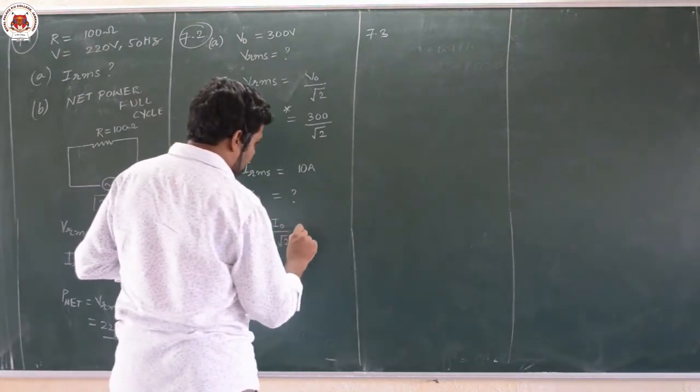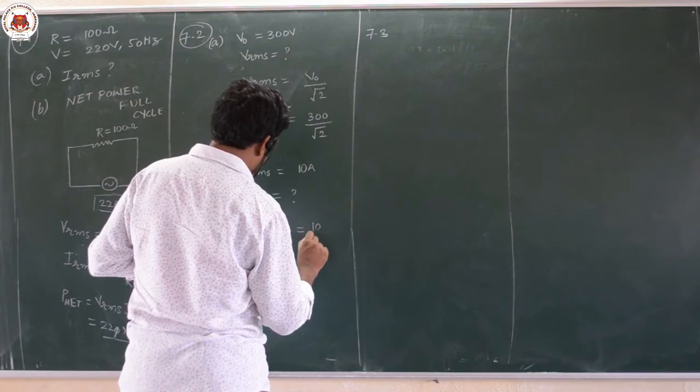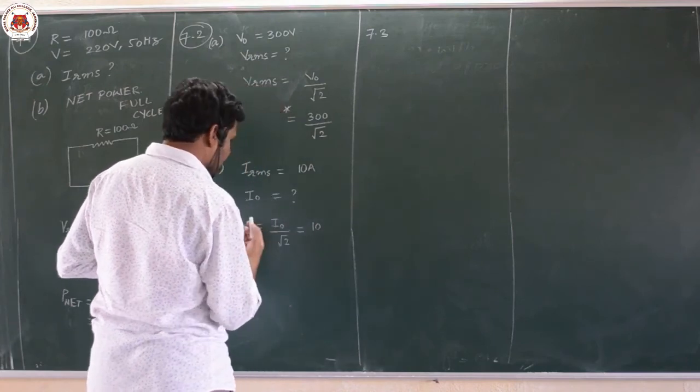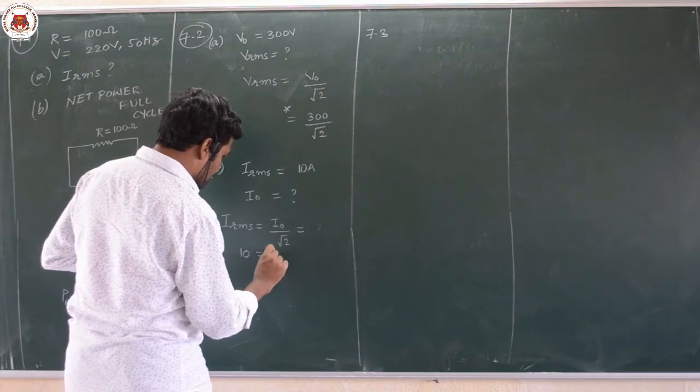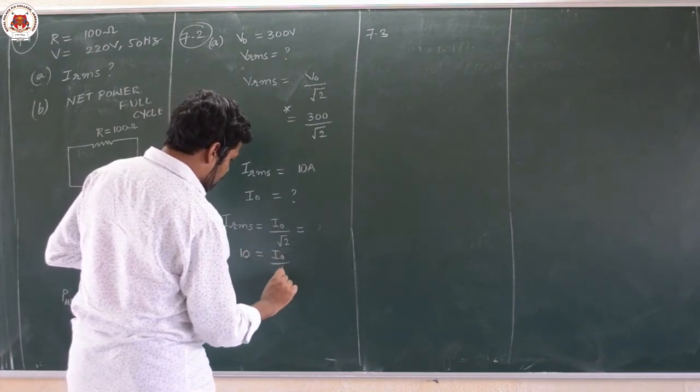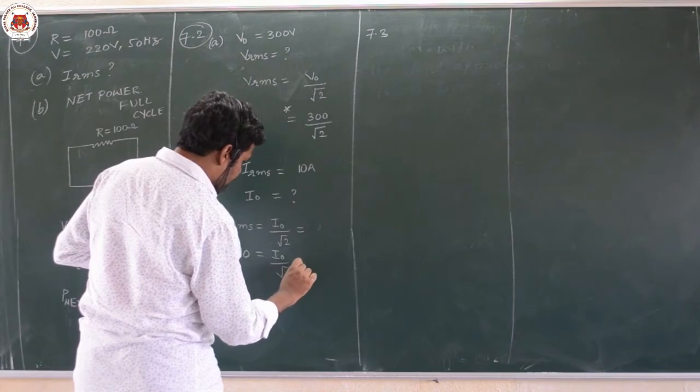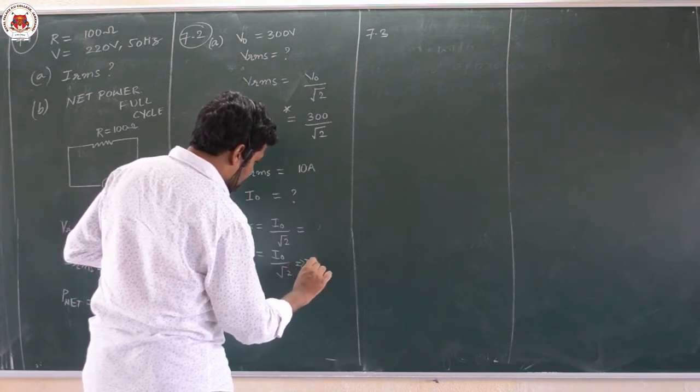Sorry, I want I naught only. So 10 is equal to I naught by root 2, then I naught is equal to 10 root 2.